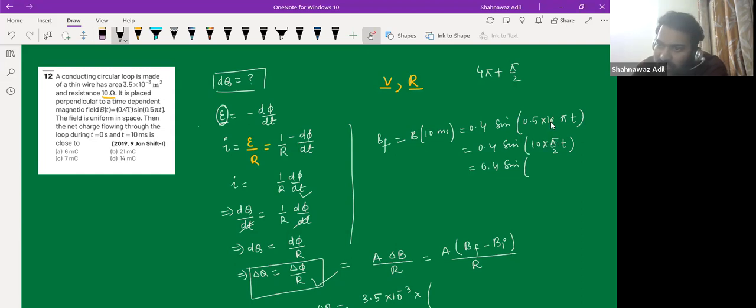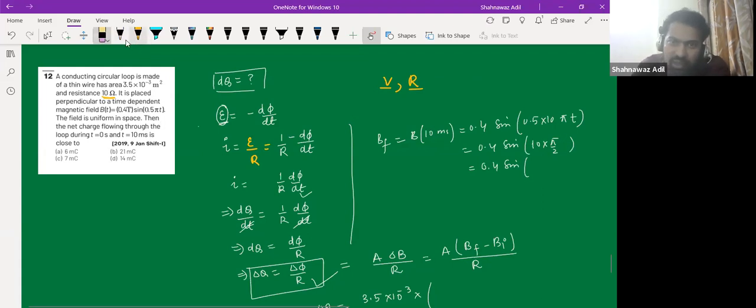But this is 10 pi by 2. So we can write this as how much? This is 10 milliseconds, right? T is 10 milliseconds.